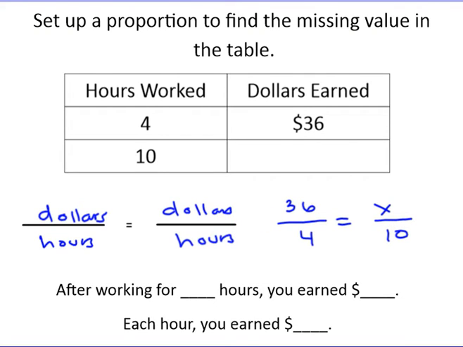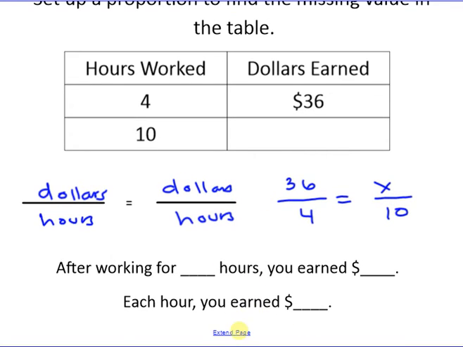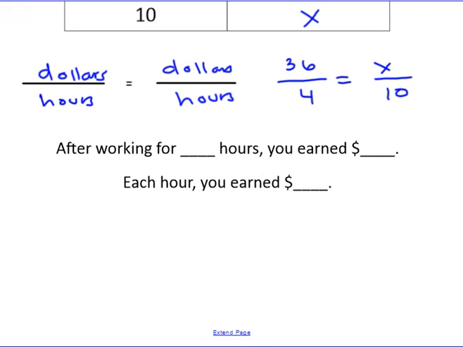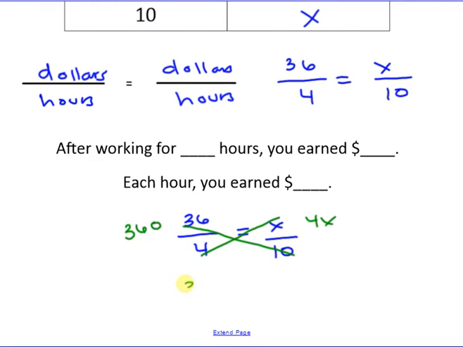Now all we need to do is solve. We're finding X right here. So 36 over 4 equals X over 10. 4 times X is 4X. 10 times 36 is 360. 360 equals 4X.